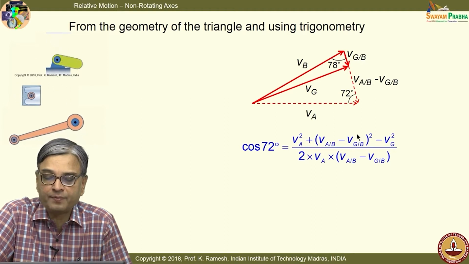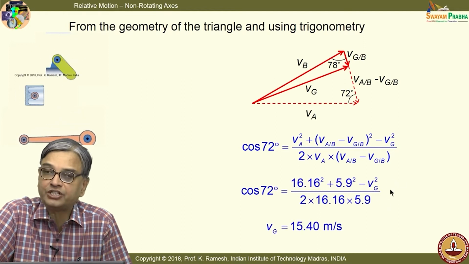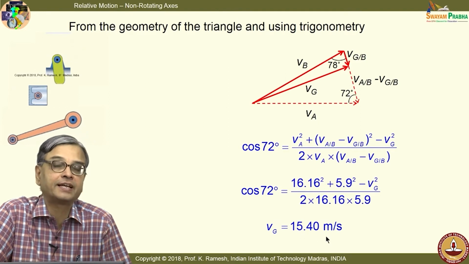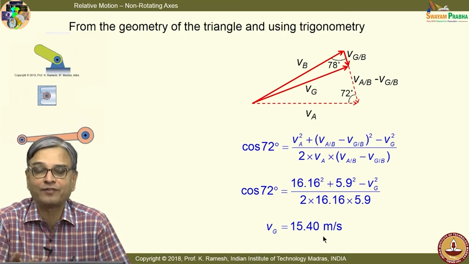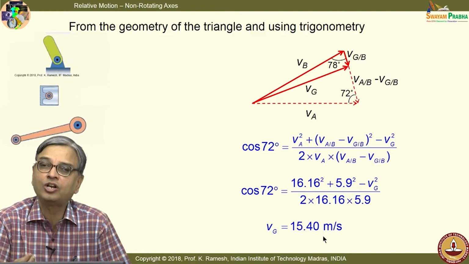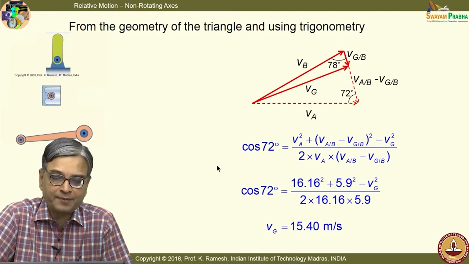From this I can find out the quantity Vg. Vg turns out to be 15.4 meters per second. Please verify my calculation using your calculator. The idea of solving this problem systematically is that you cannot come and say you have forgotten the sine rule. For solving a practical problem, your old knowledge is required. Fine. So, brush up those fundamentals.